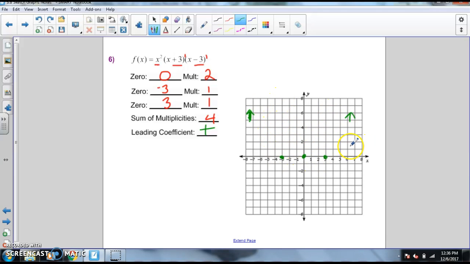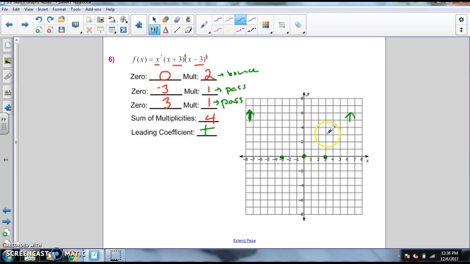And then, like I said, I always start on the right side. Not sure why, always have. My first 0 that I'm going to come to is +3. If this is an odd multiplicity, that means my graph is going to pass through that. And if it's even, it's going to bounce off. So it's going to pass through those two and bounce off of this one.